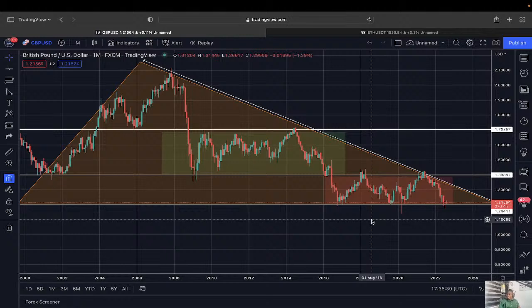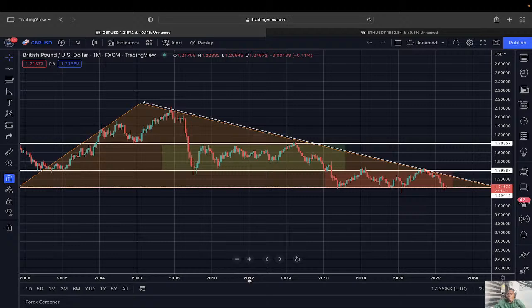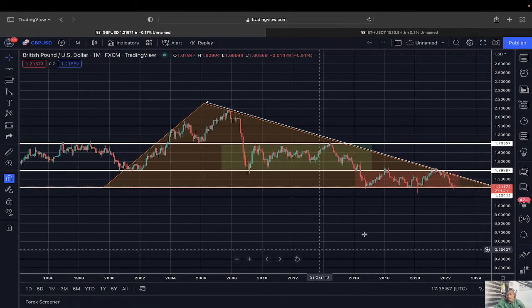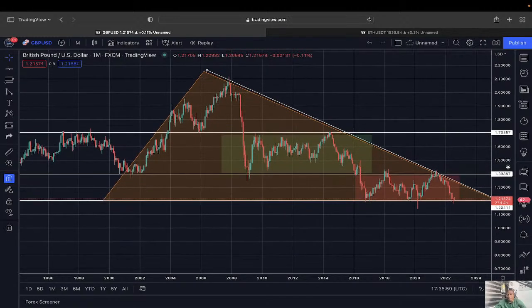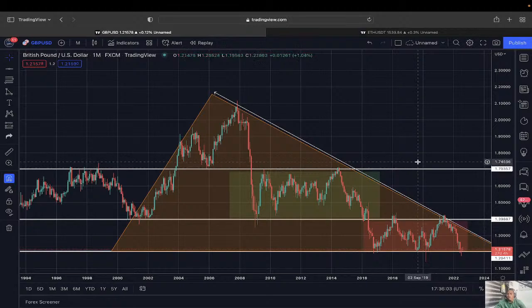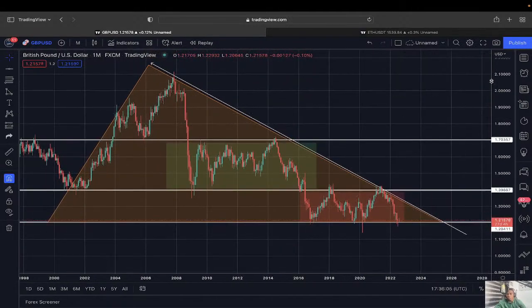Okay, so one person has got it. That is Dio. Dio said descending triangle. And when you see a descending triangle, it only means that price would keep falling.